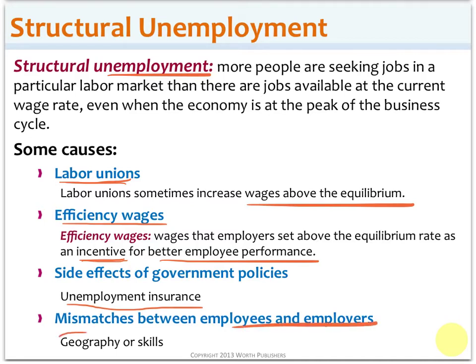In geography, the software engineers aren't in the right state, or there's been a lot of talk about this since the financial crisis. Perhaps some of our problems result from mismatches of skills. We're not in the right majors in college for the demand for workers. In other words, we're simply not training our young people for the jobs in the modern economy.